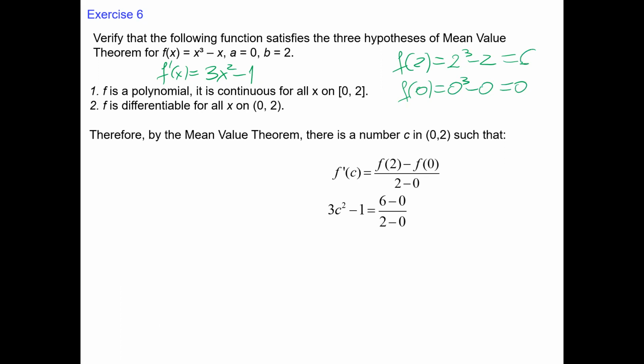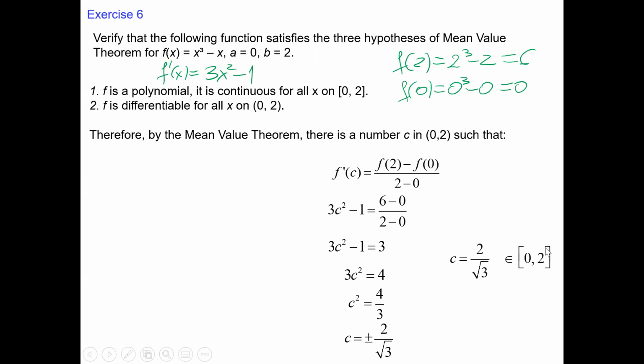That's 6, okay? Subtracting 1, dividing by 3. Now taking the square root, we have positive and negative value. This is fine, but we're only looking at the positive since the positive value is in that interval. Negative is somewhere else. If we did not restrict the domain to that interval, at that point the slope of the tangent line is also parallel to the secant line.